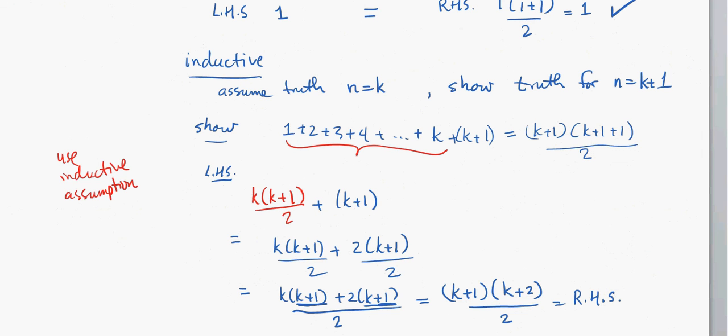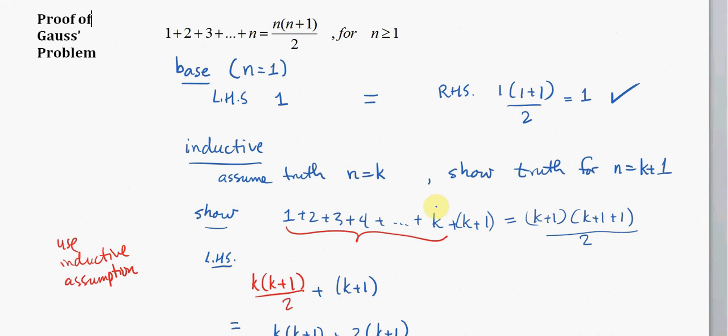Let's review what we have shown. Two things: that this formula Gauss gives us to add a list of consecutive integers from 1 on to n is true in the simplest scenario, when n is equal to 1. And it is also true that if the statement is true for n equals k, let's say k was 50, we can show that it's true for k equals 51.